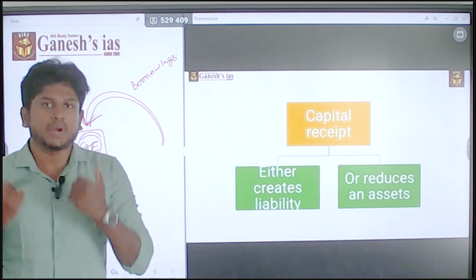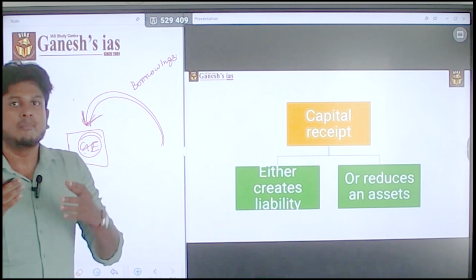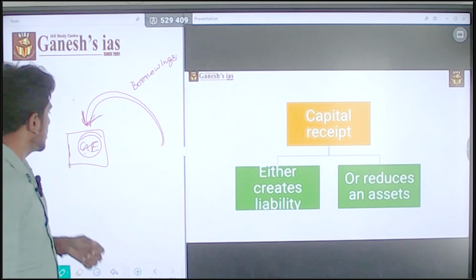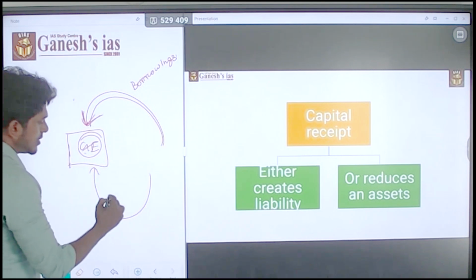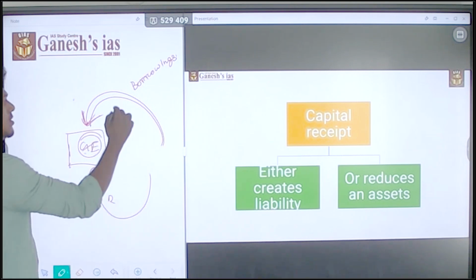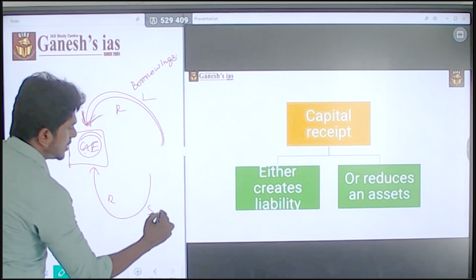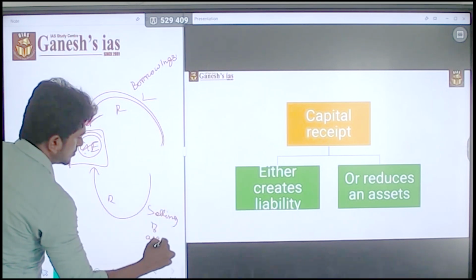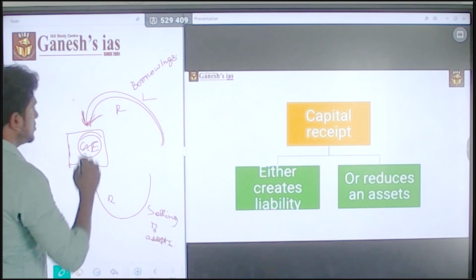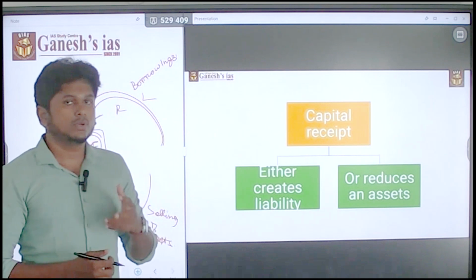By that they are getting money, and that goes into the government exchequer. So that is also a receipt. So either by liabilities or by selling of assets, both come under the capital receipt. Please note it.